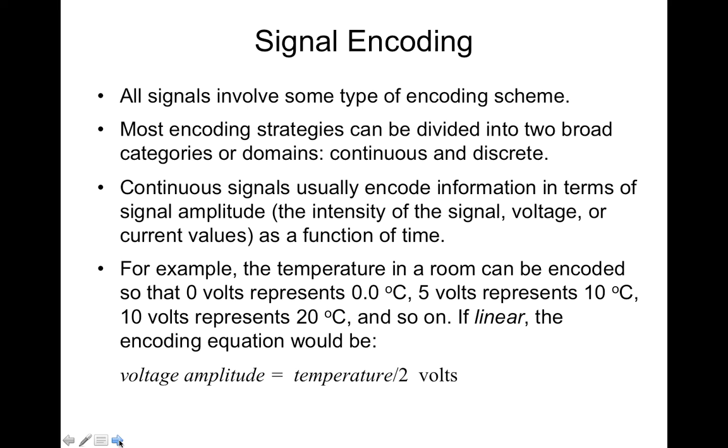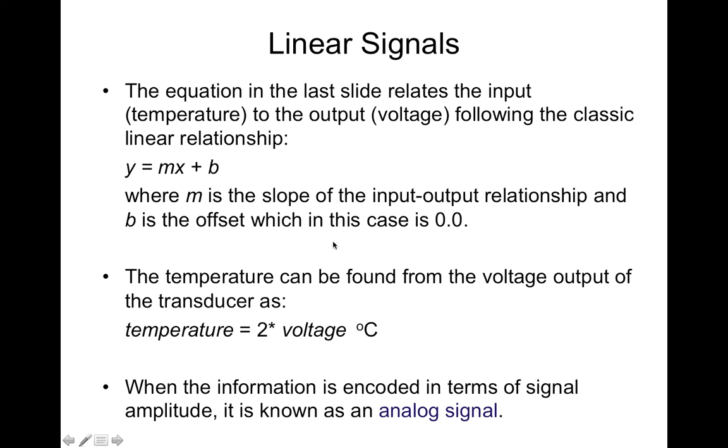And so if this is linear, then we could write an equation that relates voltage amplitude to temperature. When the input is related to the output through an offset and a slope, we say we have a linear signal. So this is the old equation of a straight line that you learned way back in algebra.